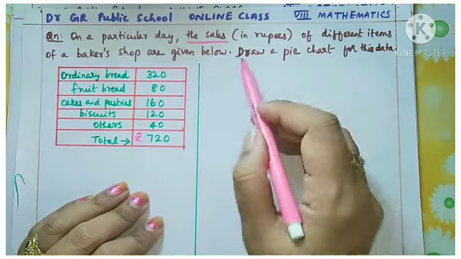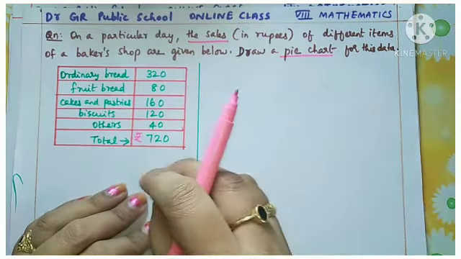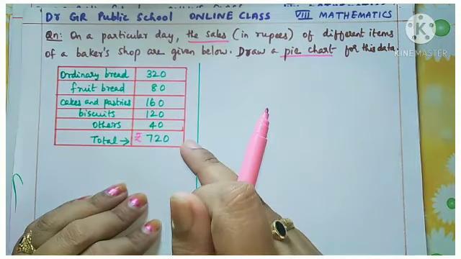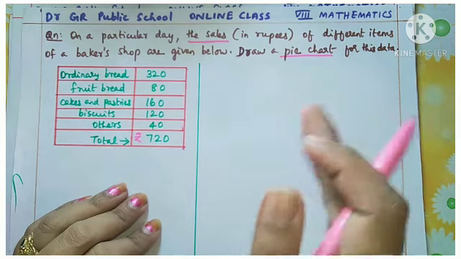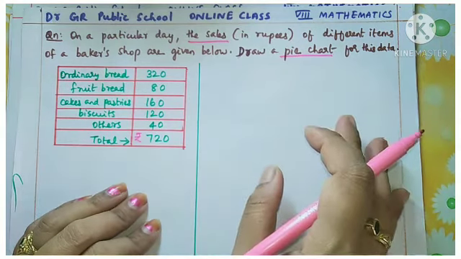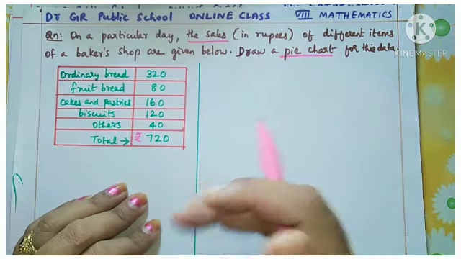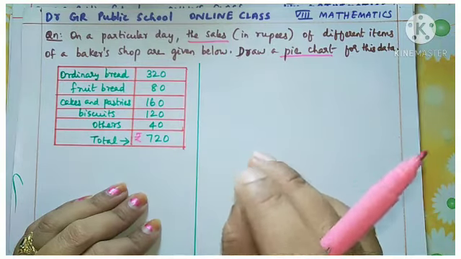Now we want to draw a pie chart. In the first question we just saw the pie chart and answered the questions there. But here we want to construct the pie chart. So you know, to construct the pie chart we want to know the sector angles.